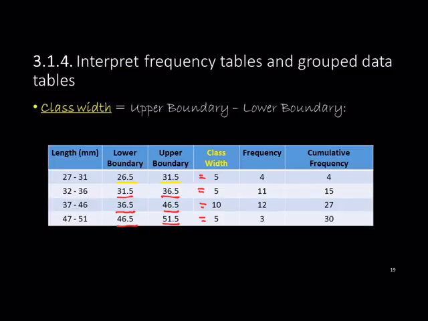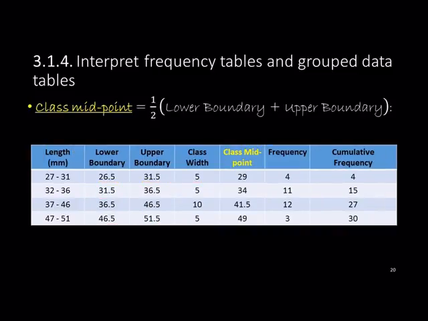It's also useful to know the middle point of the class, called the midpoint. And this is simply the mean value between the boundaries. So the mean value means we add the values together, lower boundary plus upper boundary, and then divide it by how many we have. We have 2, so we will divide by 2.